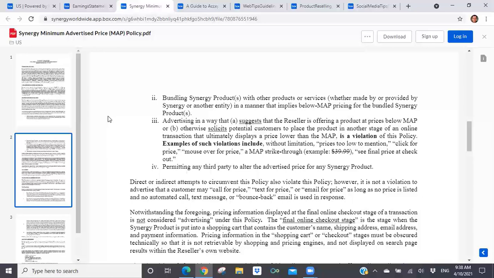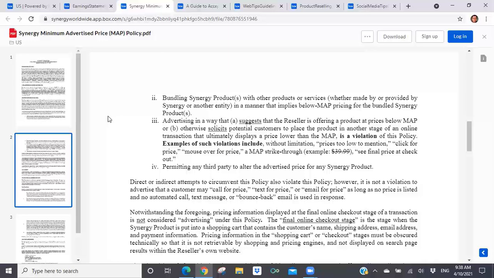I can't show a discount for it. I can show it for more than that if I want to, but that wouldn't make sense. So you have to show the prices that you would see if you went to the Synergy Worldwide website and pulled up the products, the wholesale pricing. You can't show anything less than that for the products from Synergy Worldwide.